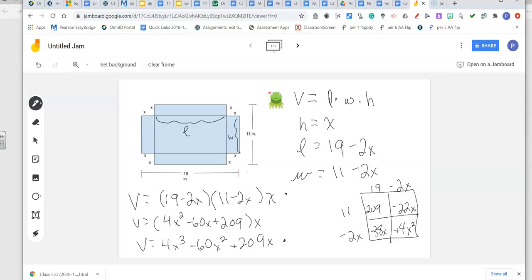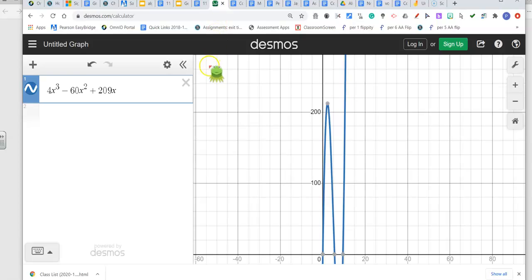And then I'm going to go ahead and graph this real quickly. I think I did it on my Desmos calculator here. And you can graph it either way. I went ahead and multiplied it out. I noticed that, oh, well, after the height is 9.5 inches, it goes on forever and ever. But the problem is you can't have the height more than that, because then you'll be missing one of your sides.